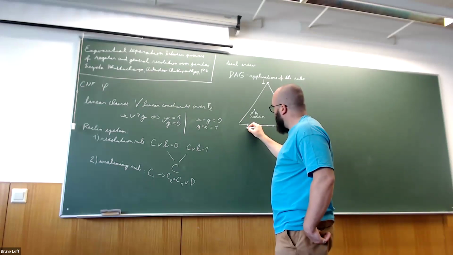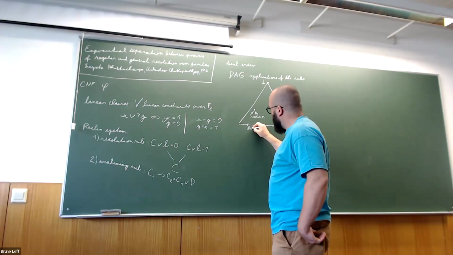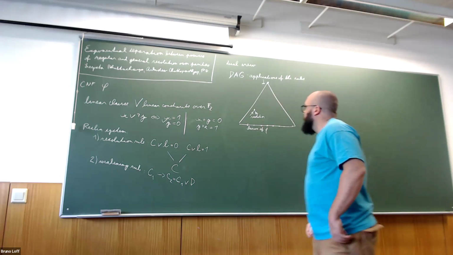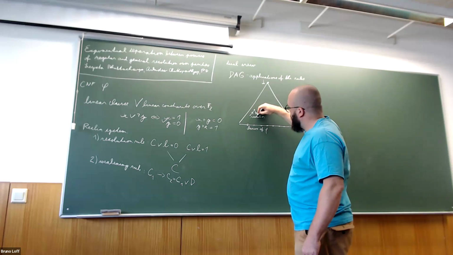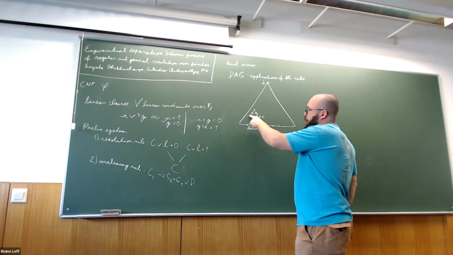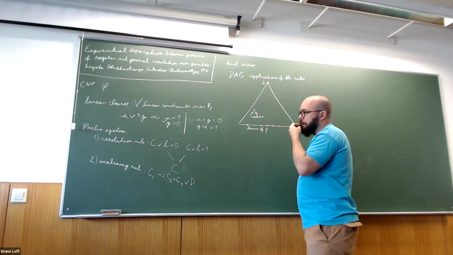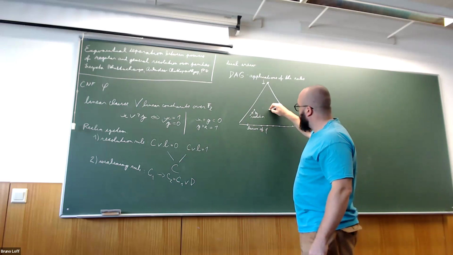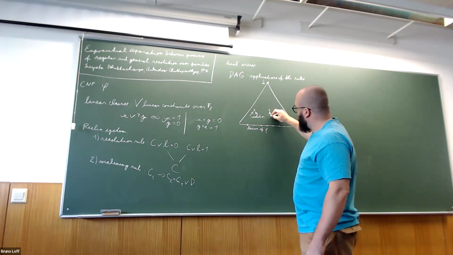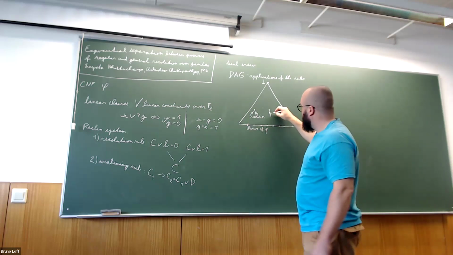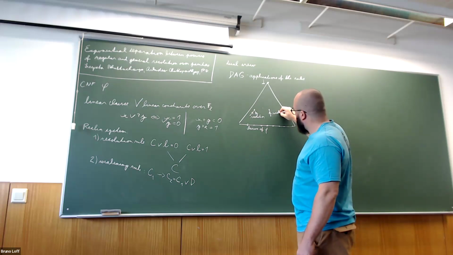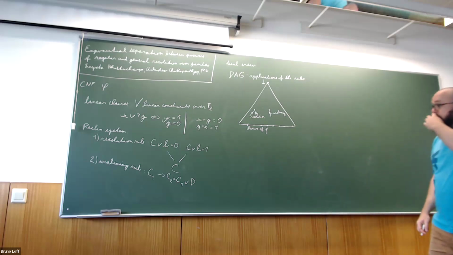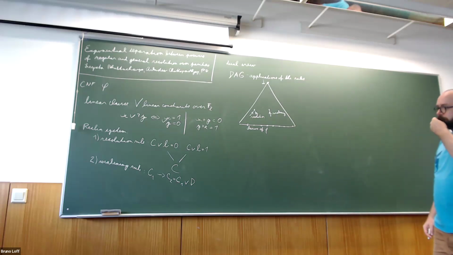The sources are labeled by clauses of phi, right? And in the graph, a node with two parents represents the application of the resolution rule, and a node with one parent represents the weakening rule.